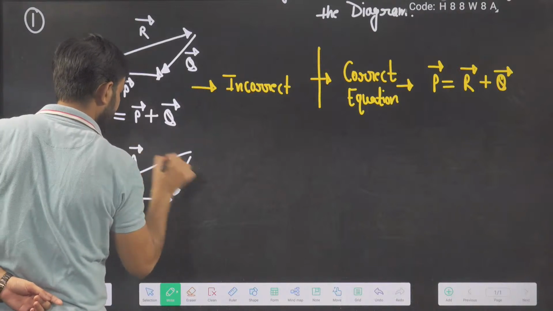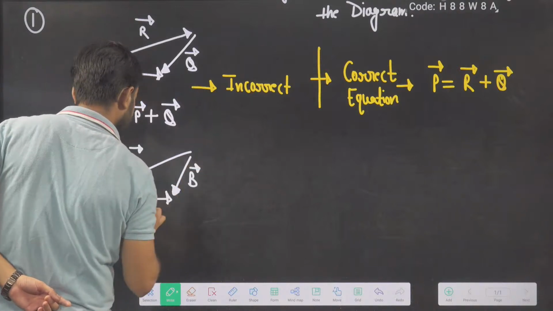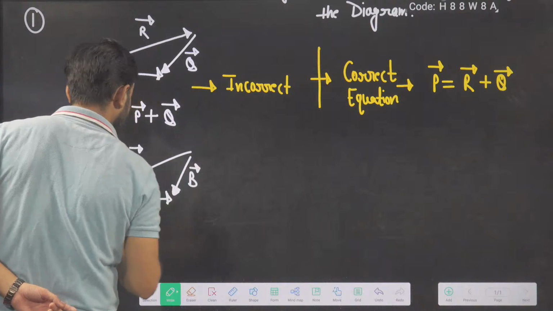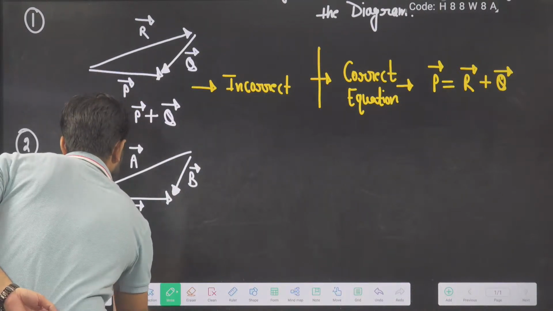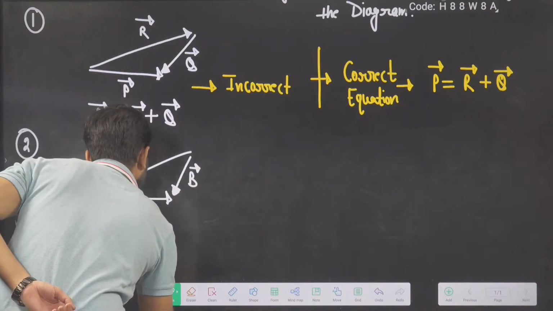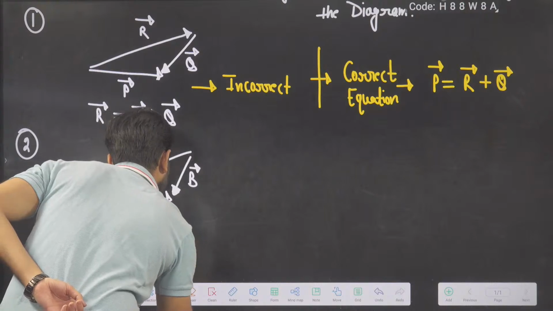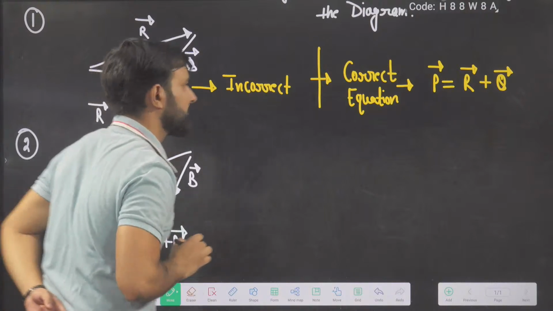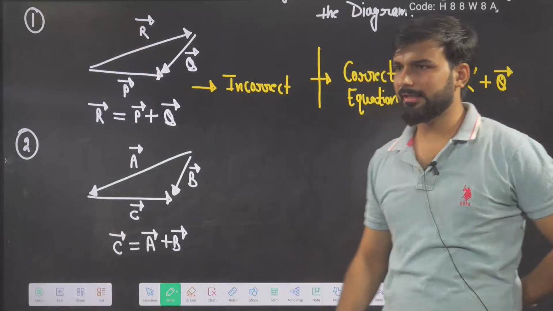A vector, B vector and C vector. Here the equation says C vector is equal to A vector plus B vector. First tell me, correct or incorrect?